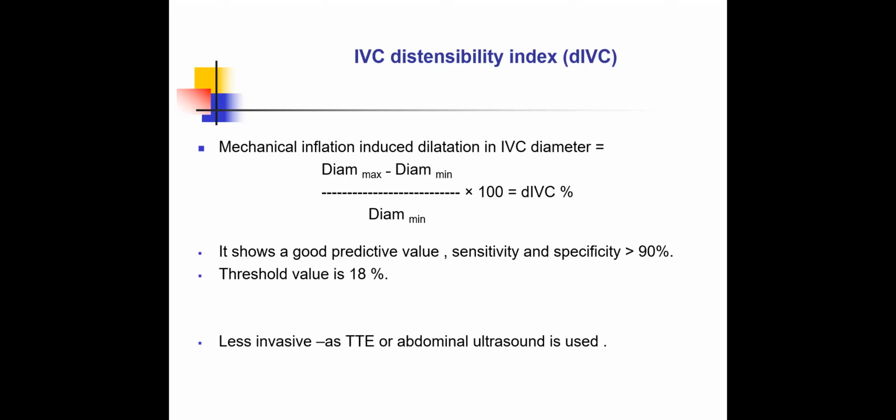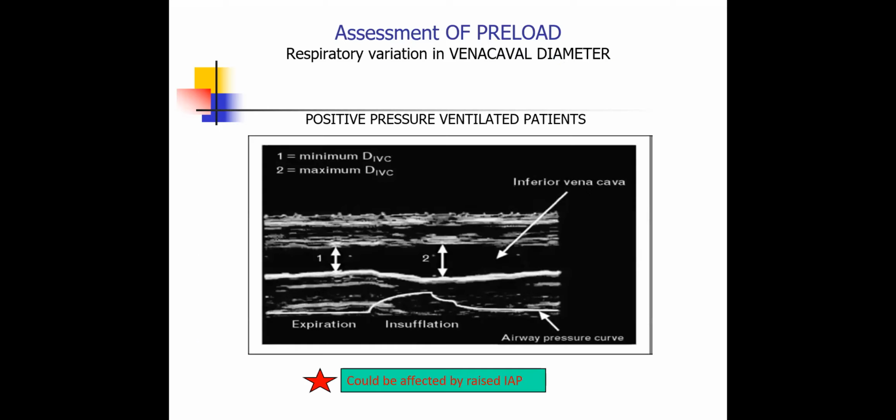So IVC distensibility index shows a good predictive value. Sensitivity and specificity is more than 90%. Threshold value is 18%. It is less invasive as transthoracic echo or abdominal ultrasound is used in this case. And we can see here in this picture, this is the IVC plotted against the respiratory cycle.